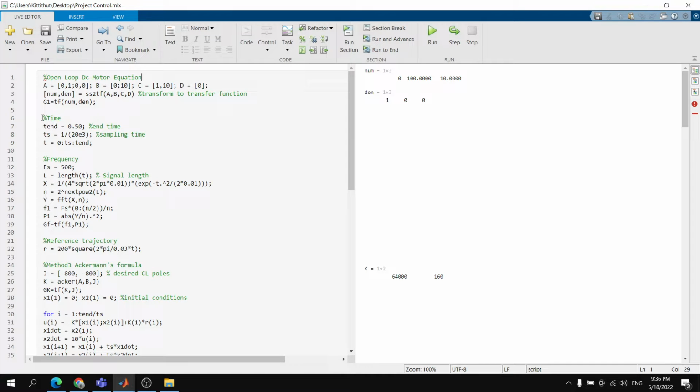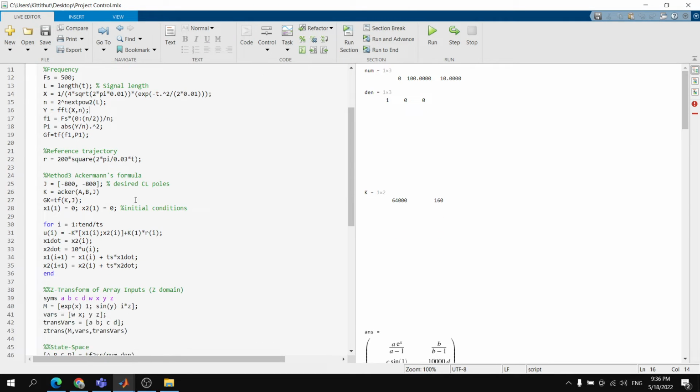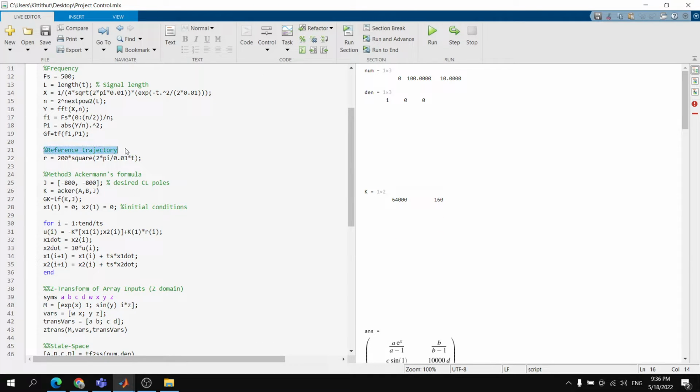In this section, I define the time and shifting time, and for the frequency I use 500. I define the equation of the frequency and the phi, and this is the different trajectory.